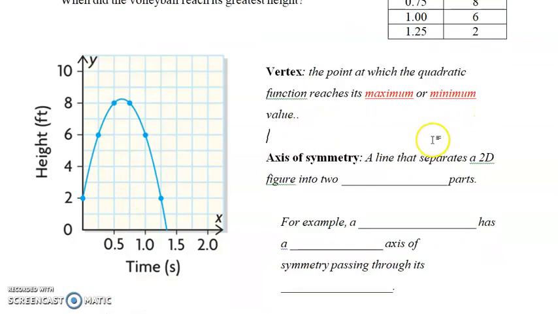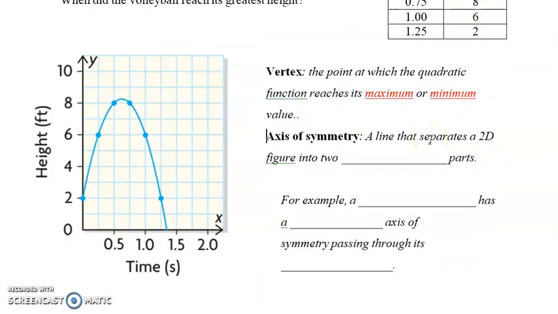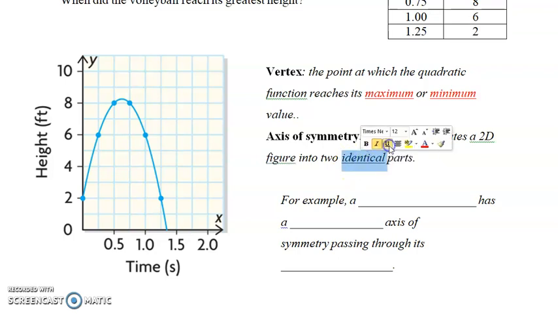Next we have what's called the axis of symmetry, and that's the line that separates the two-dimensional figure, this parabola, into two identical parts. Now sometimes it's not going to look identical, and the reason is because you don't see the whole part of the graph.